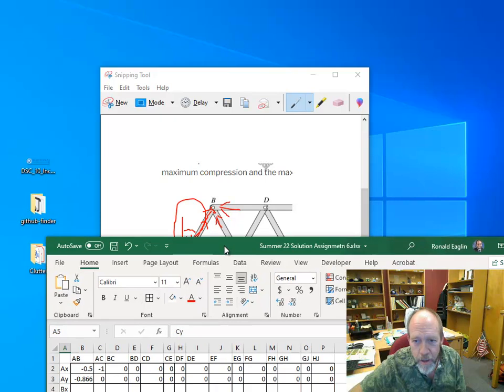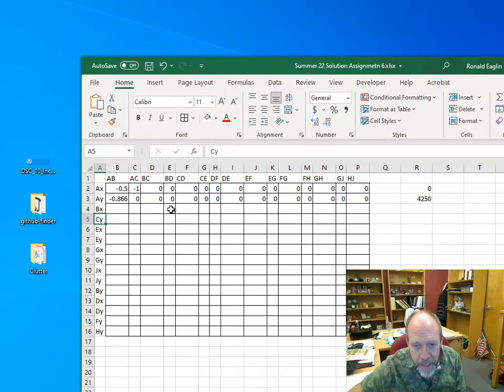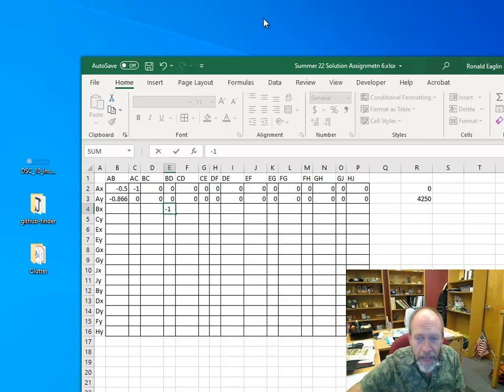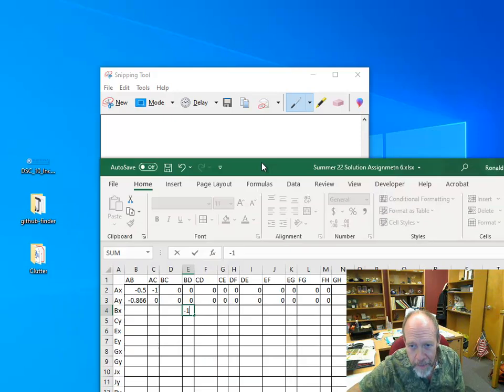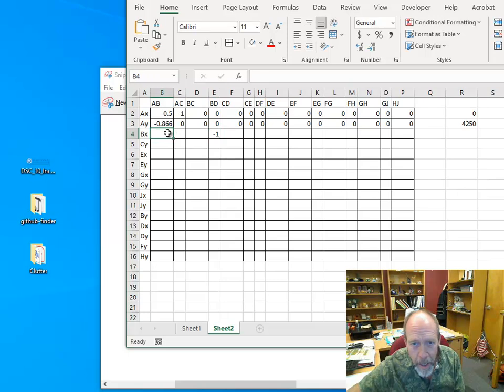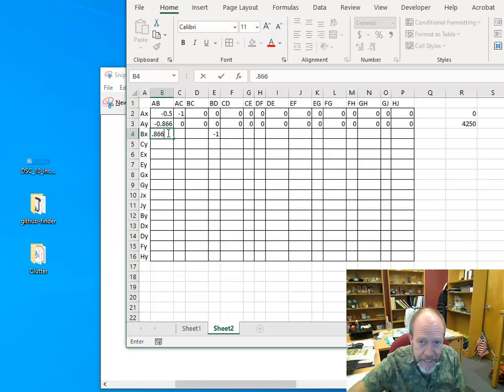Well, B of X, so I've got -1 for BD. And I have two other forces. I've got AB, and that's going to be times the cosine of 30, in the positive direction. So AB is going to be 0.866.